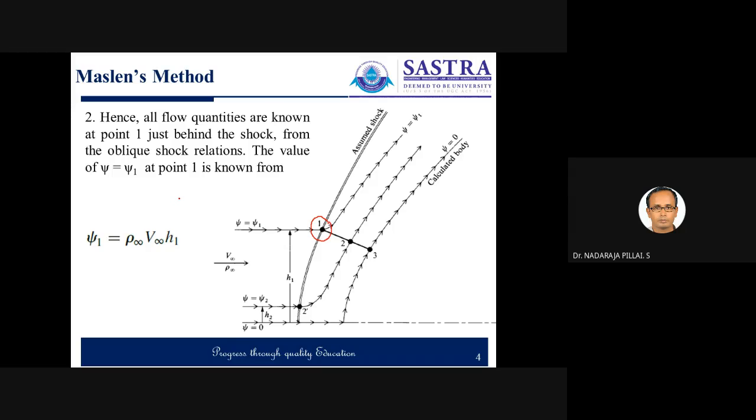Basically from the oblique shock relations, we can calculate all the flow quantities behind the shock, right? So various quantities at point 1 can be calculated. So let us write psi 1 equal to rho infinity V infinity H1. Right?